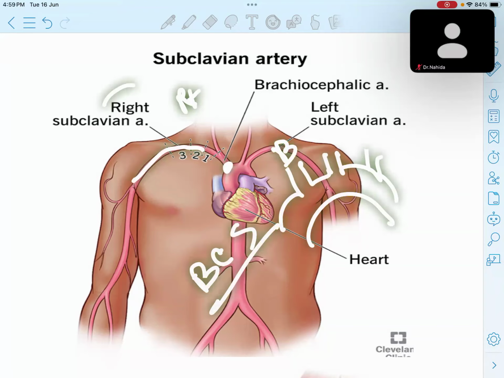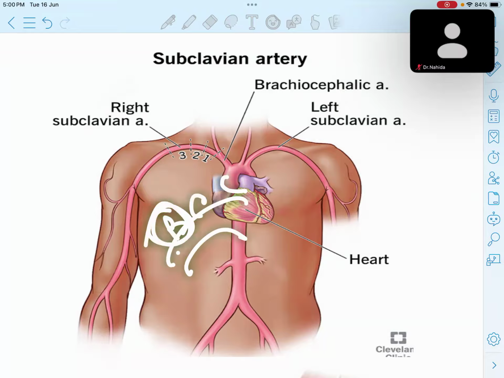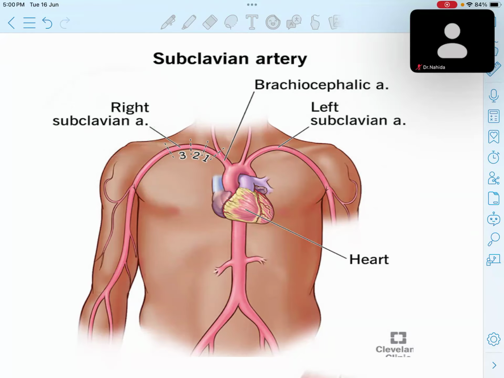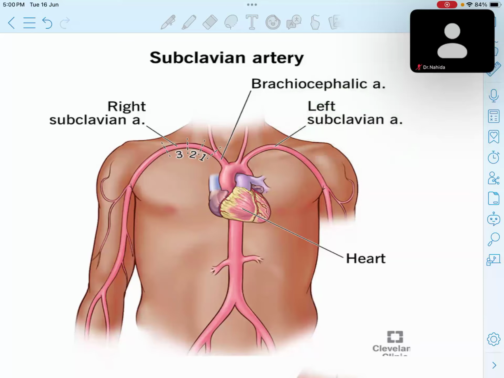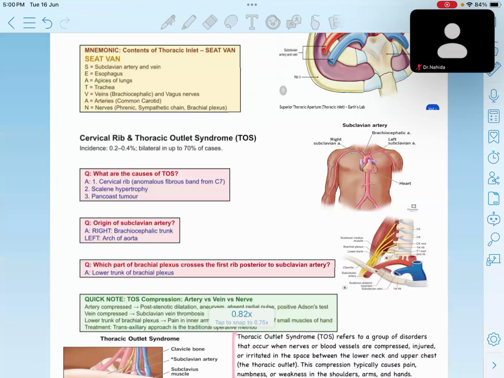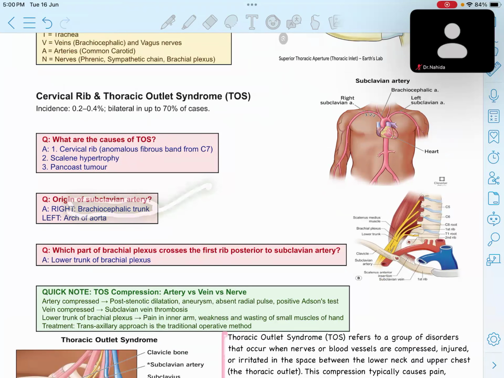B is brachiocephalic trunk, C is for left common carotid artery, and S for left subclavian artery. So from B, right subclavian artery is formed, and from S, left subclavian artery is directly formed. So come to this question: origin of subclavian artery, right side from brachiocephalic trunk and left side from arch of aorta.